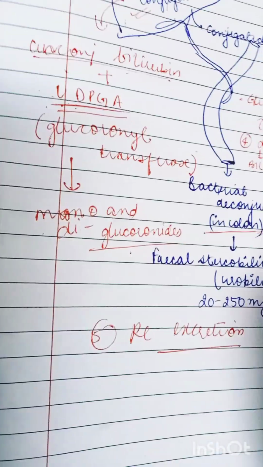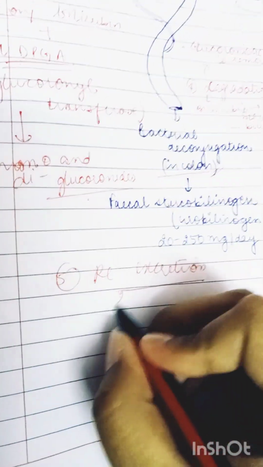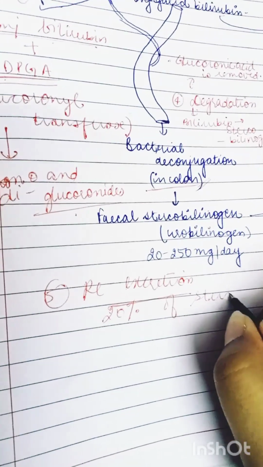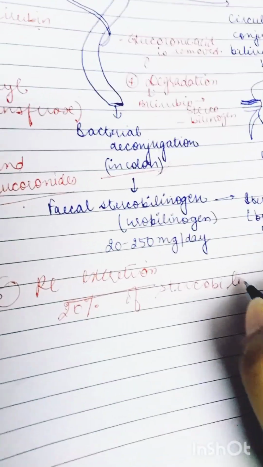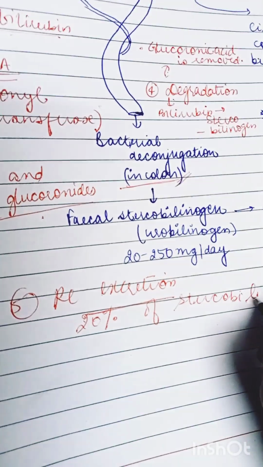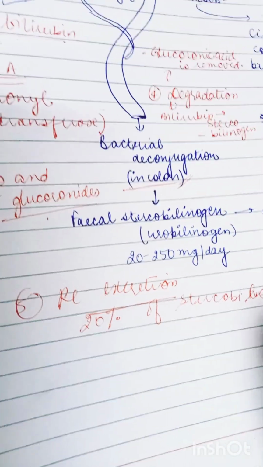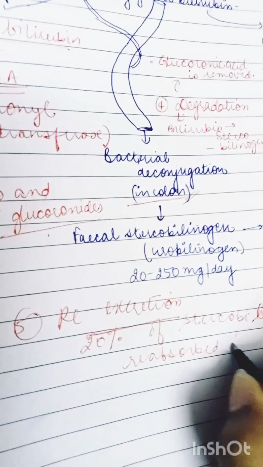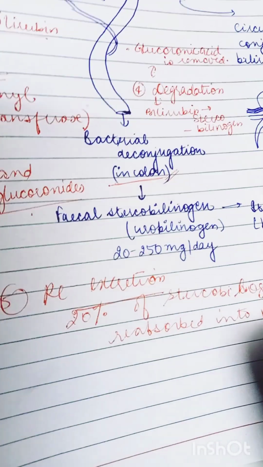In this, 20% of the stercobilinogen is reabsorbed into the portal circulation.